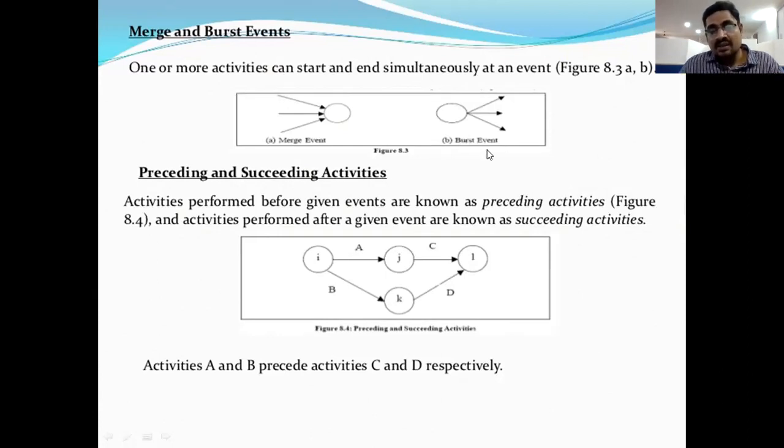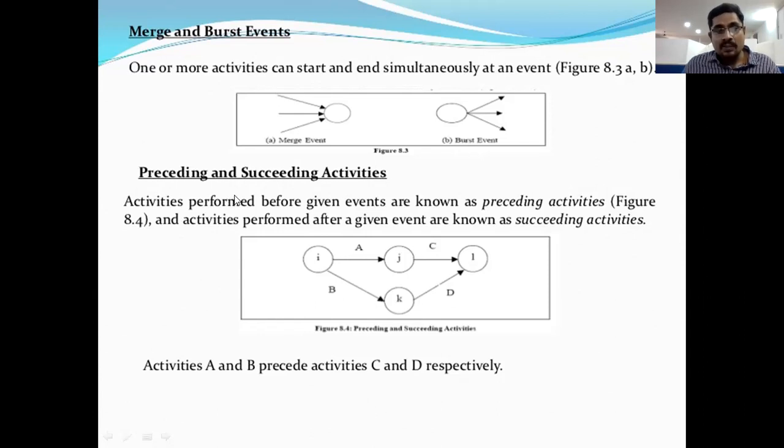Suppose this activity is A, and next this arrow B, this C, this D. So B, C, D are three activities following the preceding activity A. This type of diagram is called a burst event.